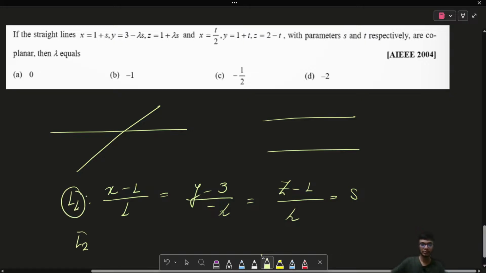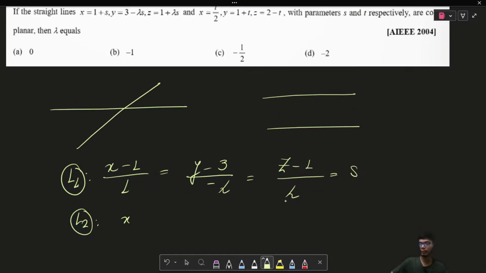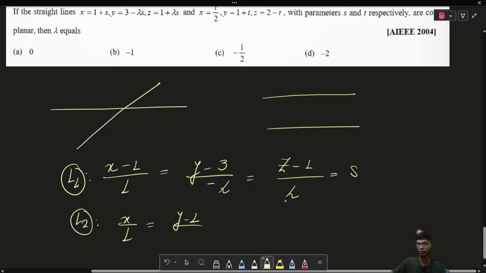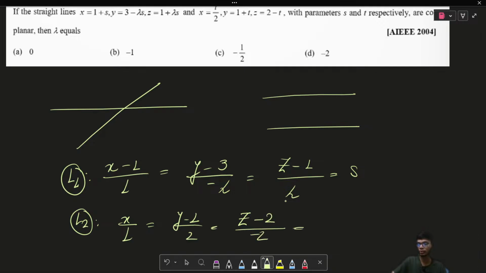And the equation of my second line will be obtained as follows: x by 1 equals y minus 1 by 2 equals z minus 2 equals some constant. Now, if these are coplanar lines, then they will either intersect or be parallel.